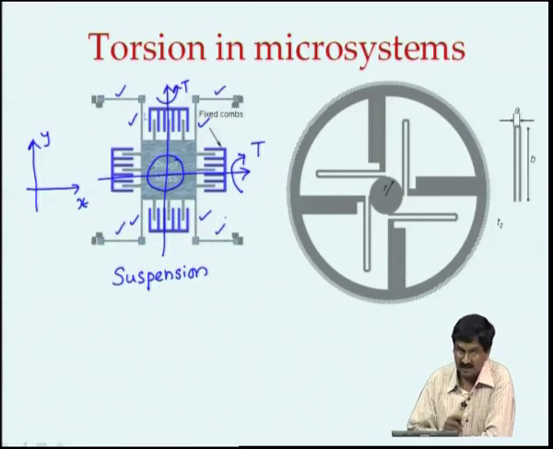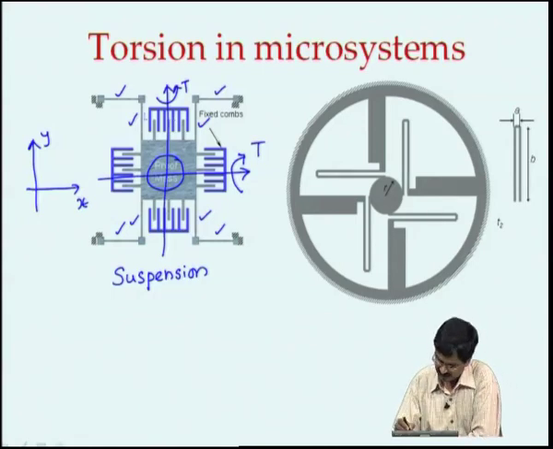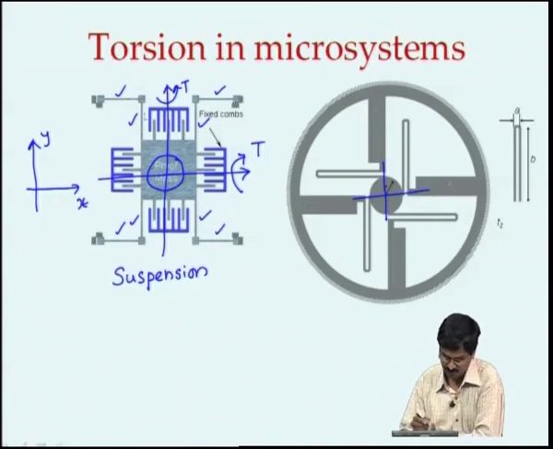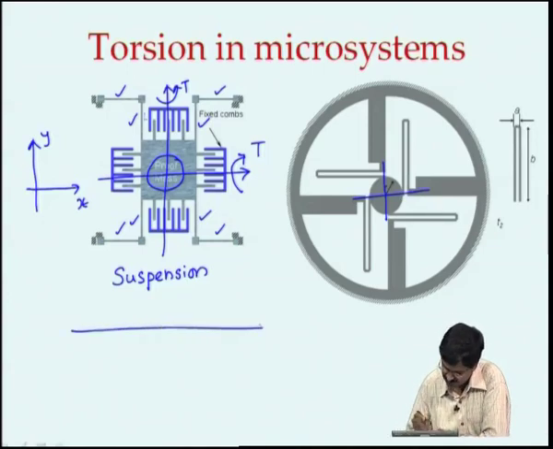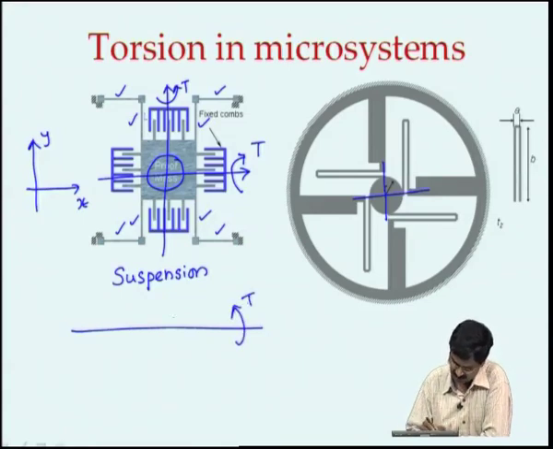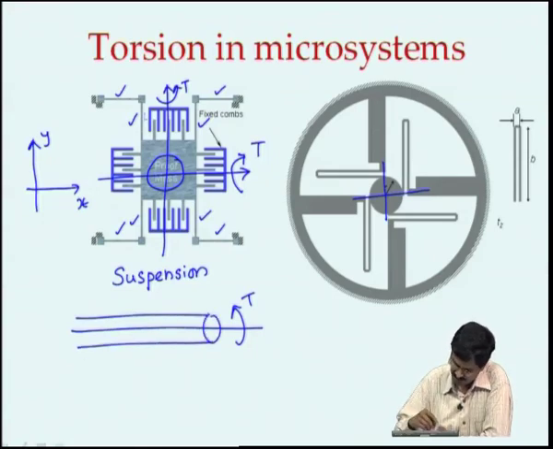So, we have to see the effect of torsion on these, so that we can see whether the proof mass and the capacitance at these beams will change or not. Okay. Similarly, here these other beams also, depending on where the torque is applied on this central platform, can experience twisting. So, whenever we have the axis this way, if there is torque T acting, that will cause this body whose axis is this to twist.